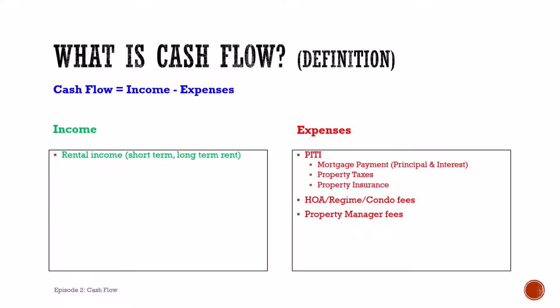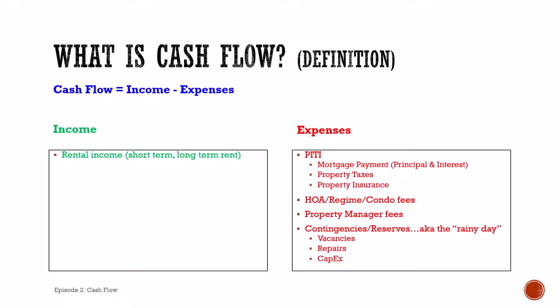But it's not your true cash flow. For your true cash flow, you also need to account for reserves, aka the rainy day. Because guess what? At some point, your unit is going to have tenant turnover, and your unit is going to be empty. At some point, you're going to have to make repairs. And at some point, you're going to have to make capital expenditures. Now, what is CapEx short for?